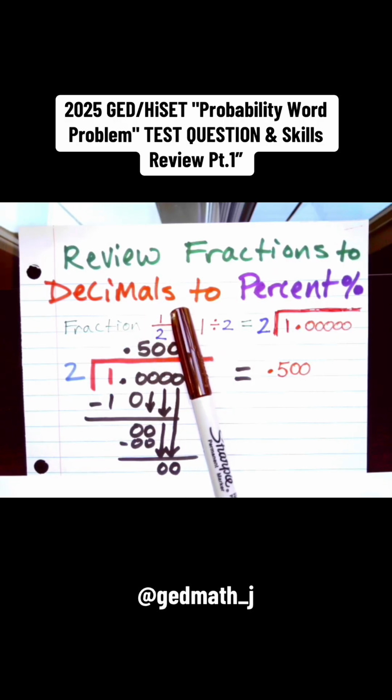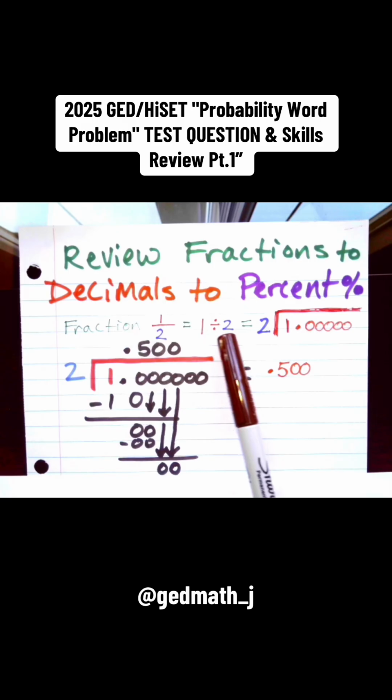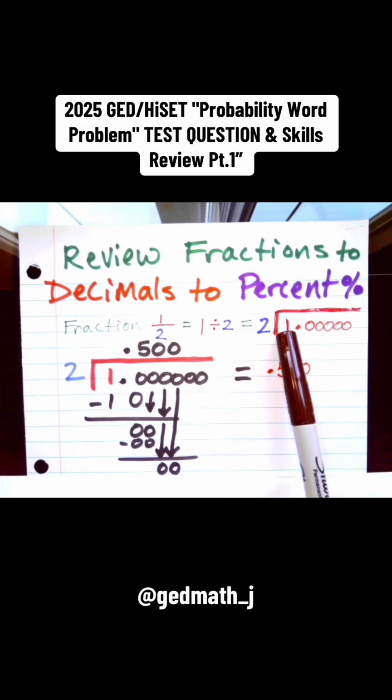1/2, or 1 divided by 2, which I'm showing you here. And behind that 1, to the right, is an invisible decimal.